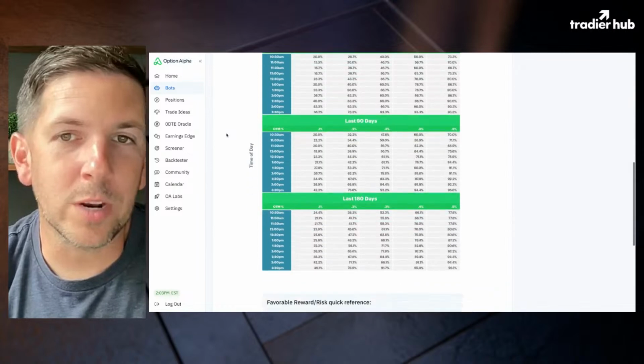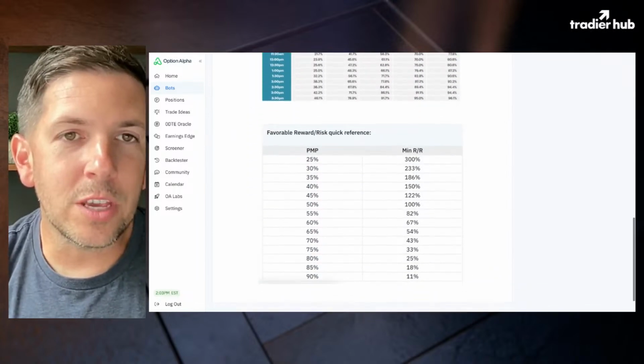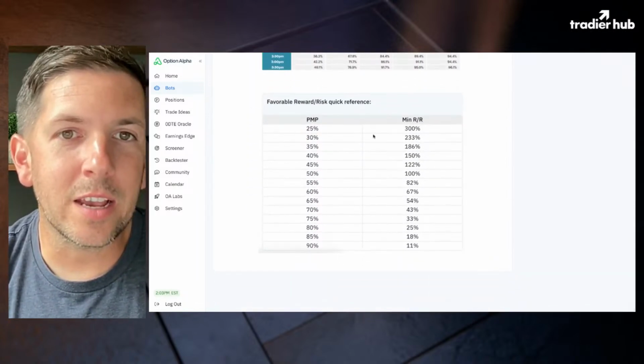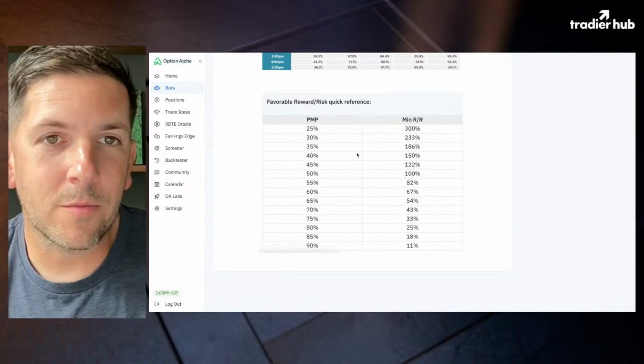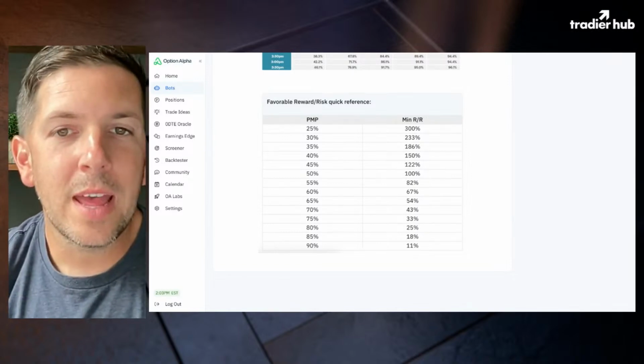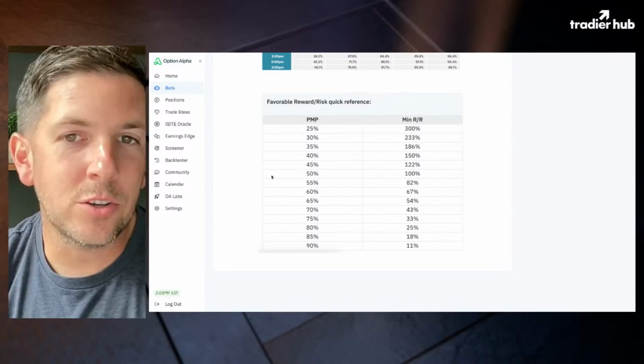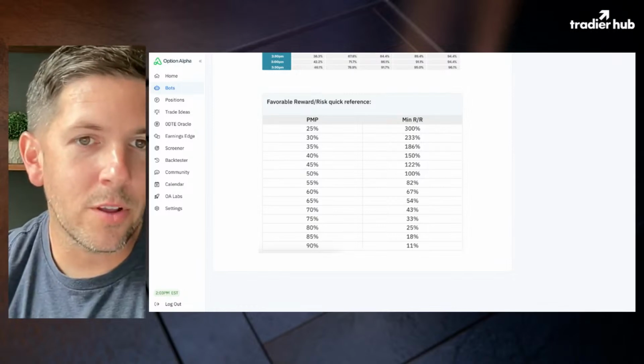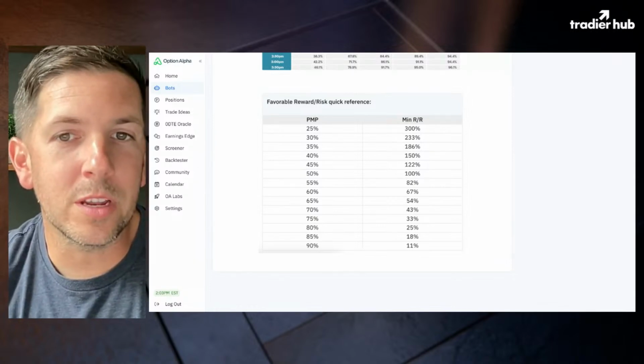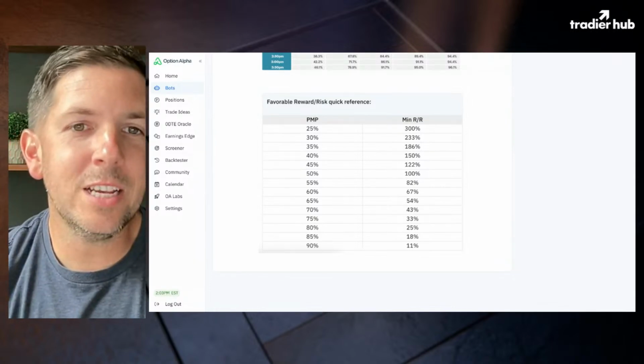And so what I did last time is I showed you that you can use this peg data in conjunction with a quick reward to risk ratio, and you can see exactly how much you need to take in for each level of potential probability of profit, basically each peg zone.